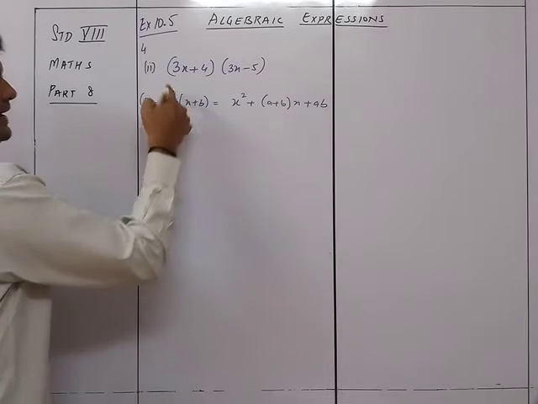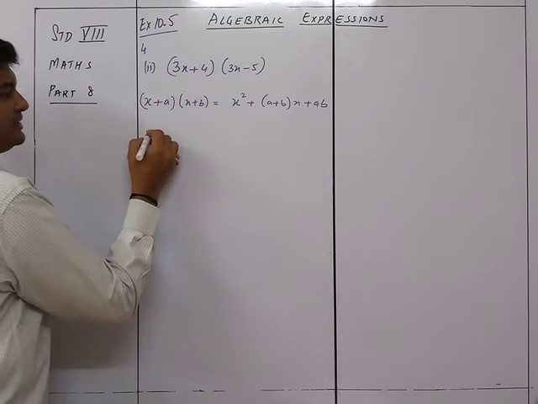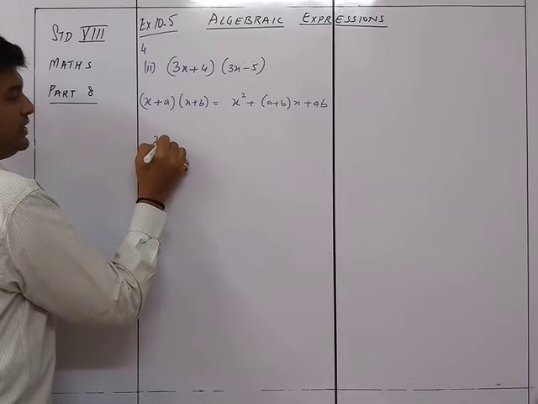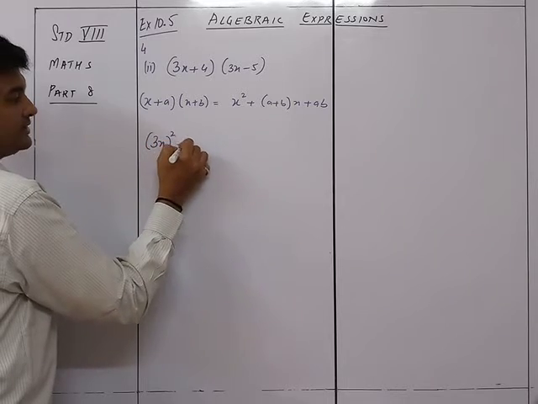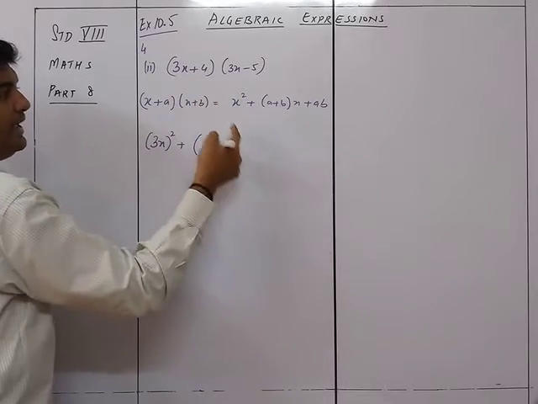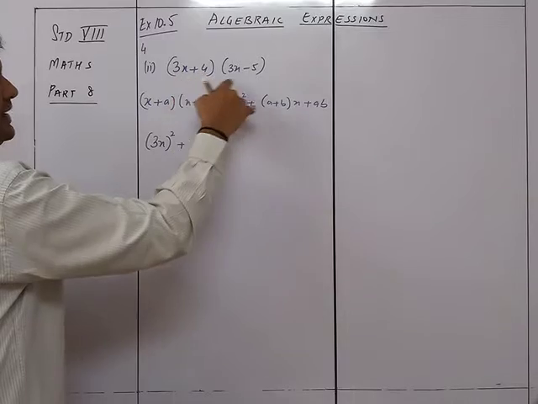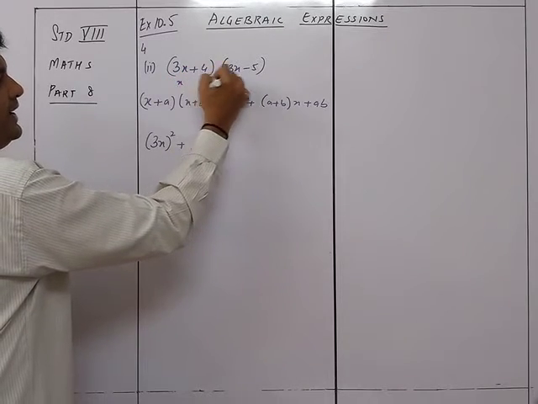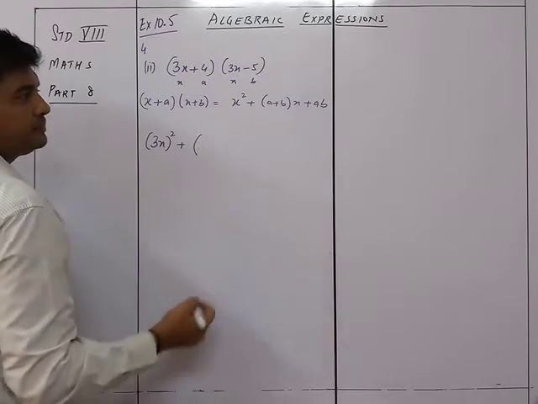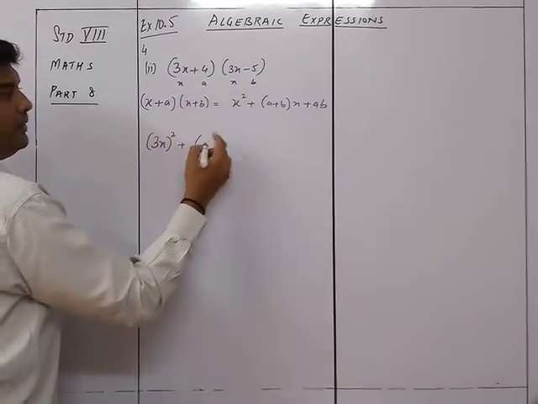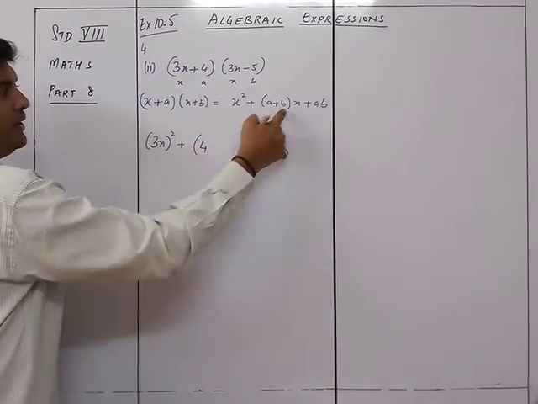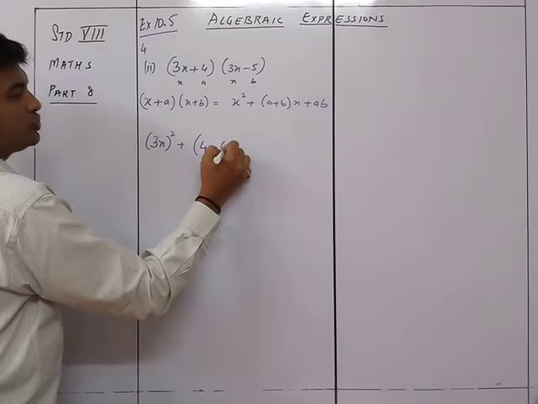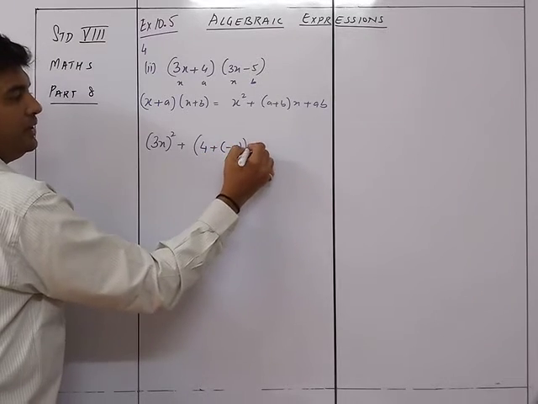So we are going to take, what is x here? 3x is x, so it is x square, so (3x) the whole square plus (a plus b). What is a plus b over here? This is a and this is x, this is a, this is x and this is b. So a is 4, whereas b is minus 5, so it's plus minus 5 into x.